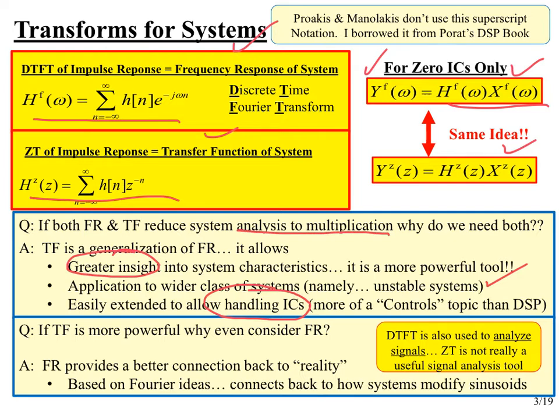So similarly, not an exact analogy, but the DTFT provides us a better way to connect things back to reality, to think about how the system interacts with a signal. So the Z-transform gives us a great tool that allows us to see the basic behavior and structure of a system.